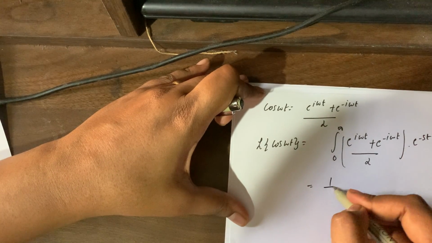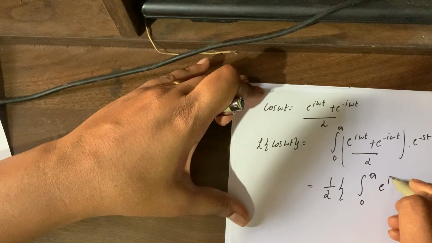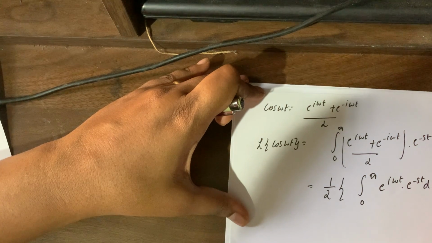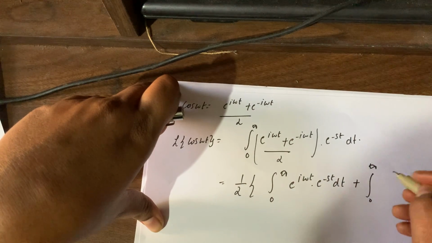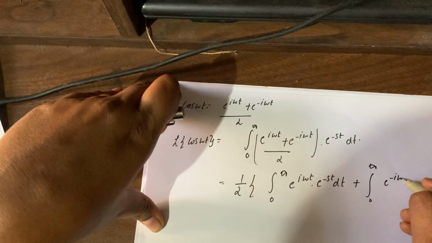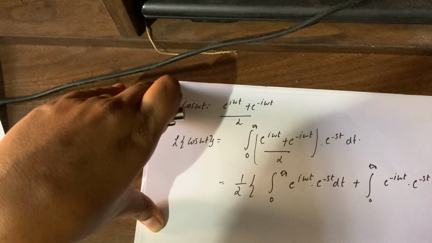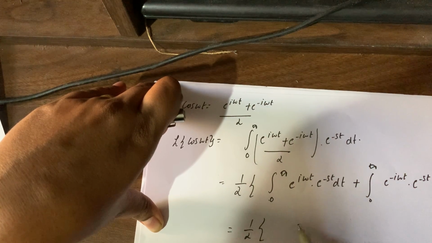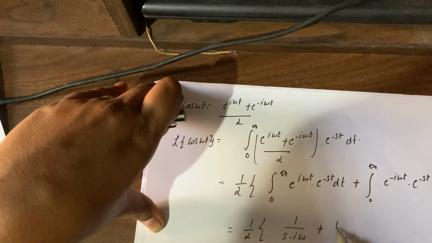So we can take half as common, and these two terms can be linearly split up into the integral of e to the power of i omega t dot e to the power of minus st dt plus the integral from 0 to infinity of e to the power of minus i omega t dot e to the power of minus st dt. We know the Laplace transform of these two functions already, so that can be written as 1 by s minus i omega plus 1 by s plus i omega.